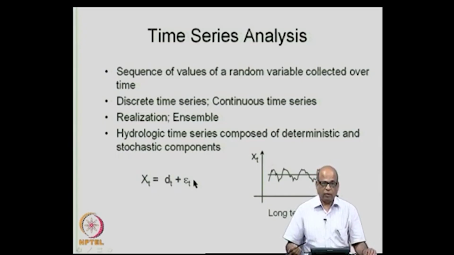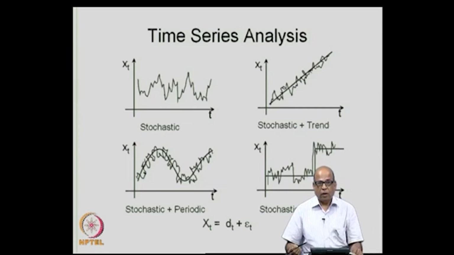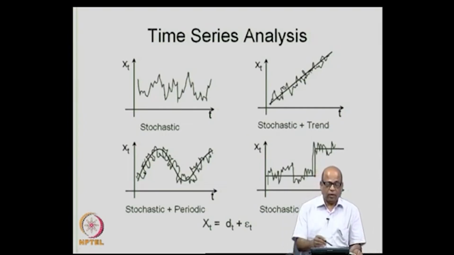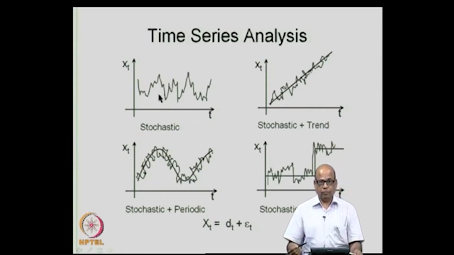This is what we discussed in the last class, and we have also seen that a time series may in general consist of a purely stochastic component. That means there is no deterministic component at all, the values are all randomly fluctuating, in which at any time t, the observations between time t and time t plus 1 have no relationship among themselves.